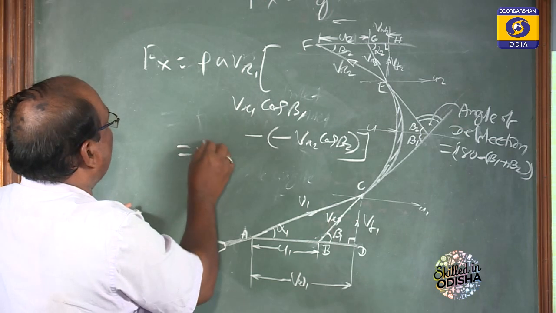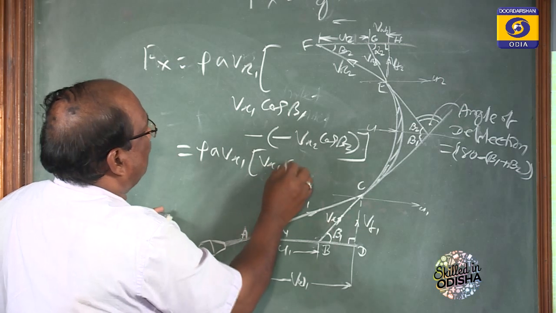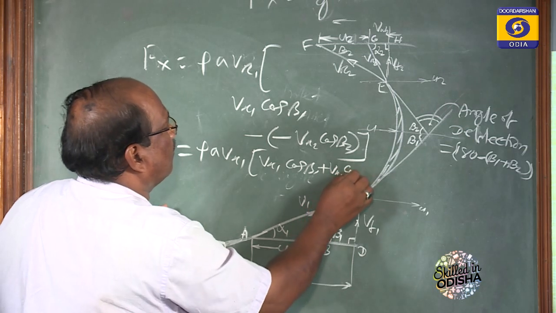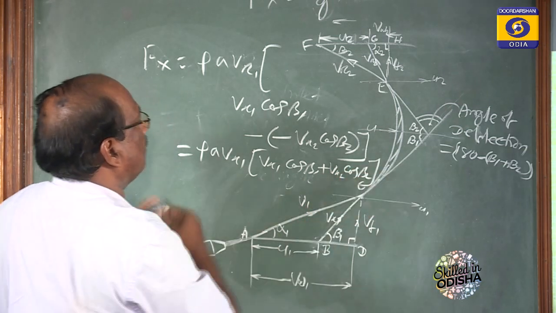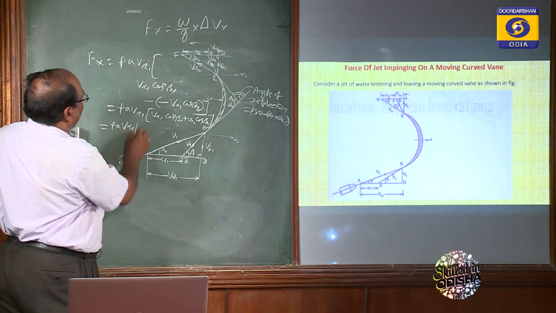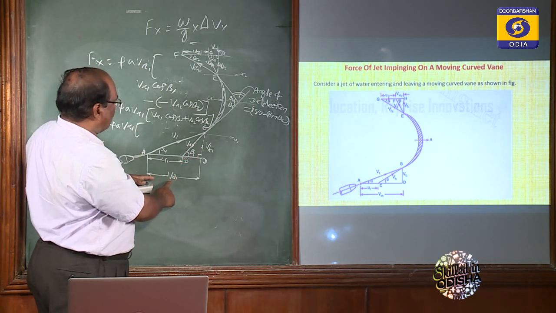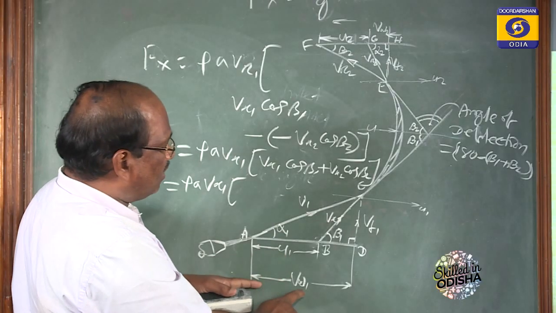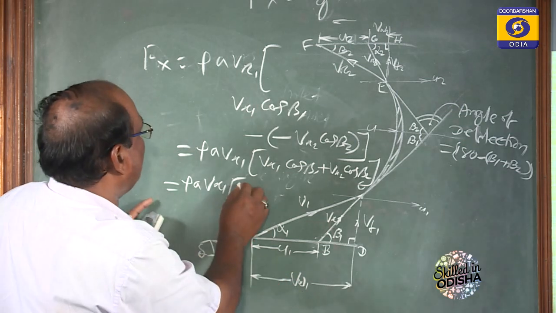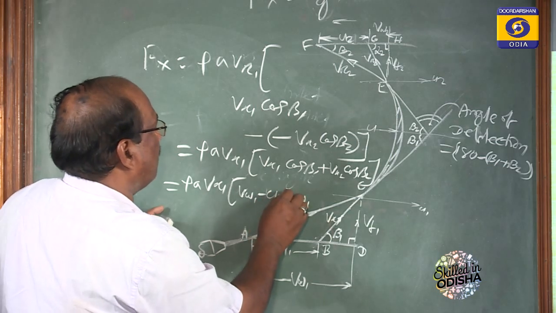So force equals rho A VR1 into VR1 cos beta 1 plus VR2 cos beta 2. After simplification, VR1 cos beta 1 equals BD equals VW1 minus U1, the velocity of the jet at inlet minus the velocity of the blade at inlet.